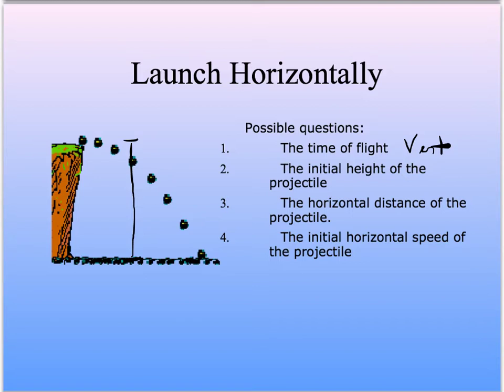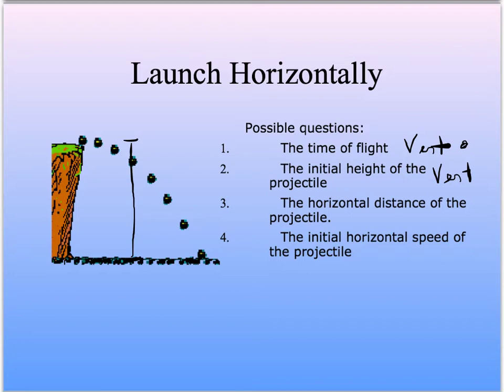Conversely, you could be asked to find the initial height of the projectile, which is really just the same question, but with different given information. Here, you'll know the height of the cliff. In question number 2, you'll know the time it takes for it to fall that distance, and you can calculate height that way.